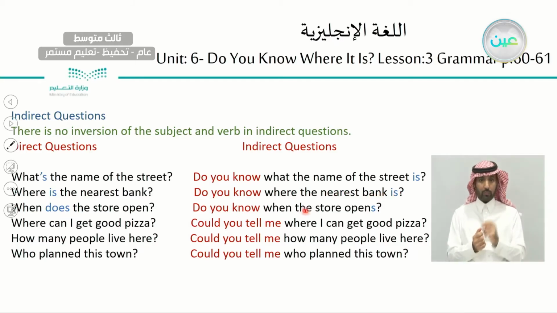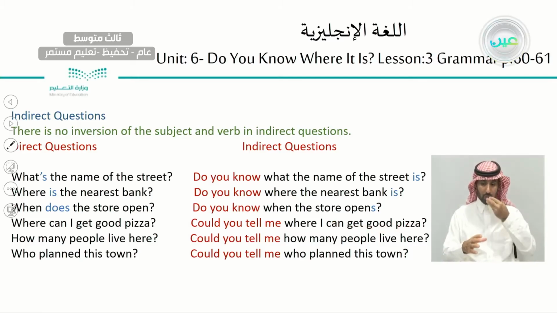Do you know when the store opens? Here we have does. So the S here, we move it here, opens. Okay? If we have do, then we don't add anything at the end of the verb here. Could you tell me where I can get good pizza?